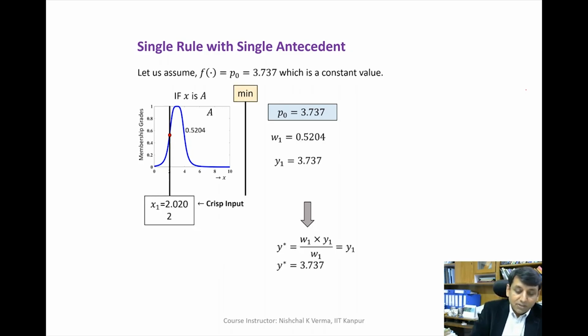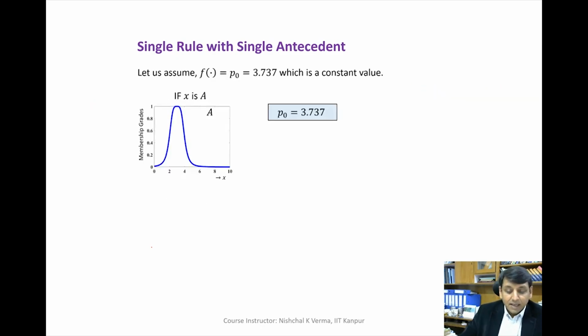Let us assume that x1, the input generic variable here, is 2.0202. We feed this value to the TSK fuzzy model characterized by the single rule with a single antecedent, the fuzzy rule mentioned here.